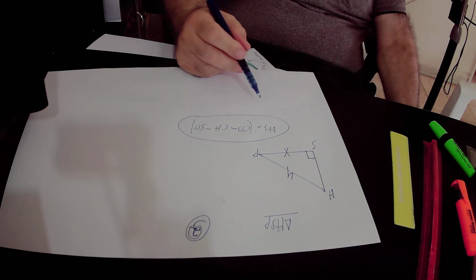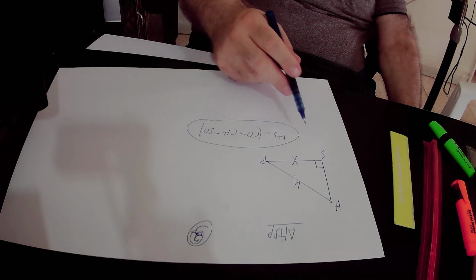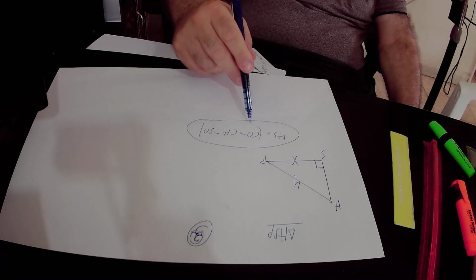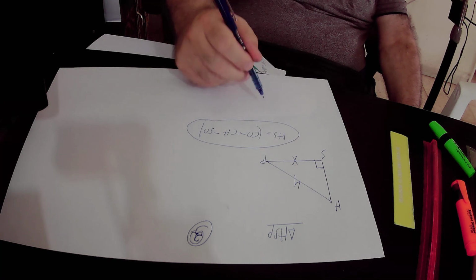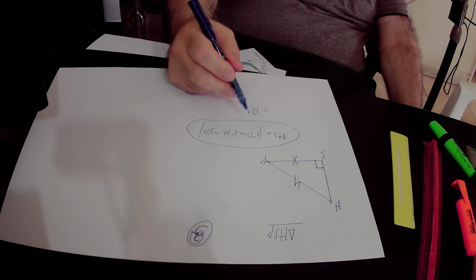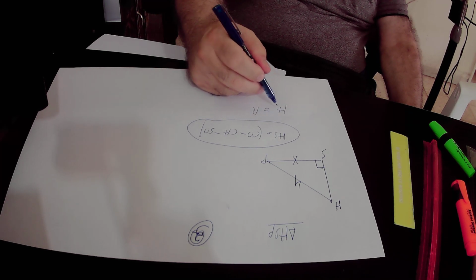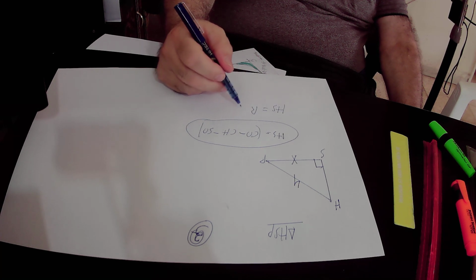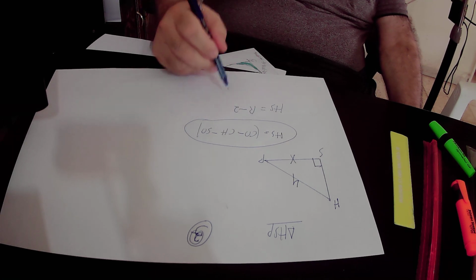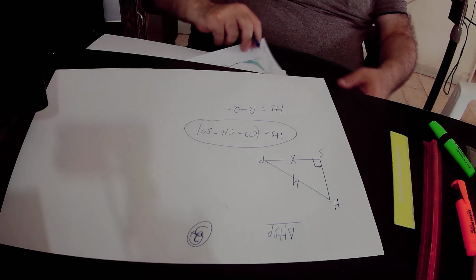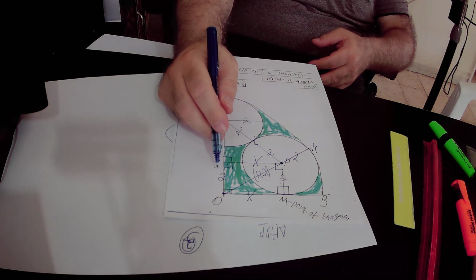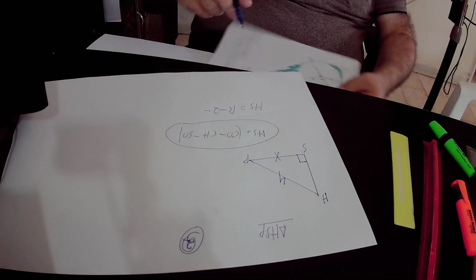So side HS of the right triangle HSP equals CO, that is the radius, so it equals capital R, the radius of the quarter circle, minus CH. We just found out that CH equals 2 units, minus SO. Here, SO equals 2 units. So it is minus 2.